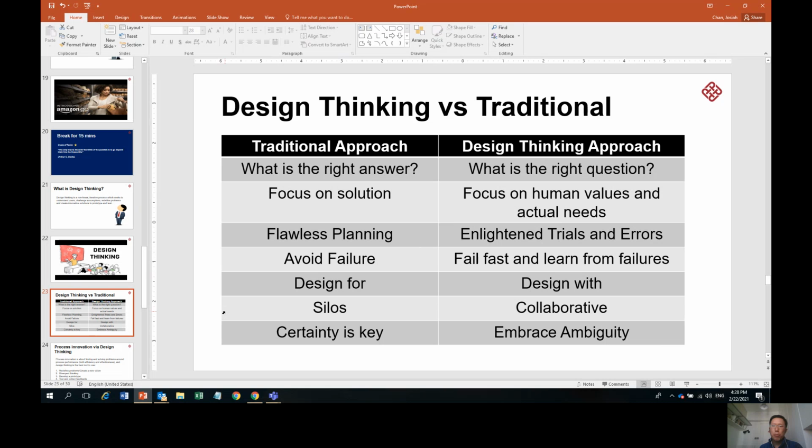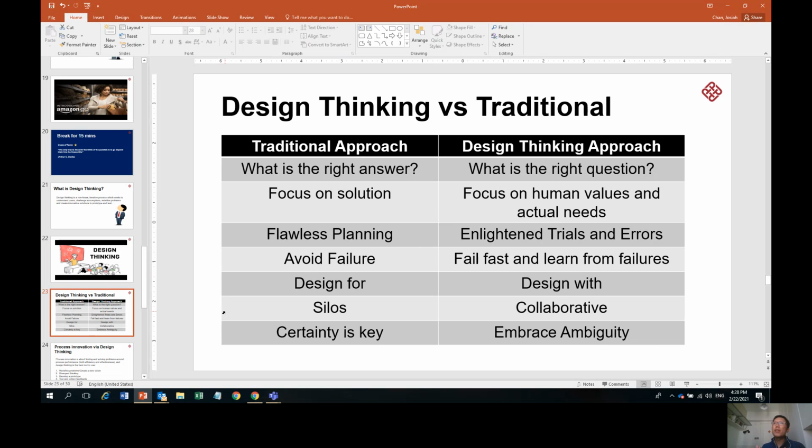But the design thinking approach is they embrace ambiguity. They think that something not being clear is okay, as long as you learn from this. It is just the nature of problem solving.